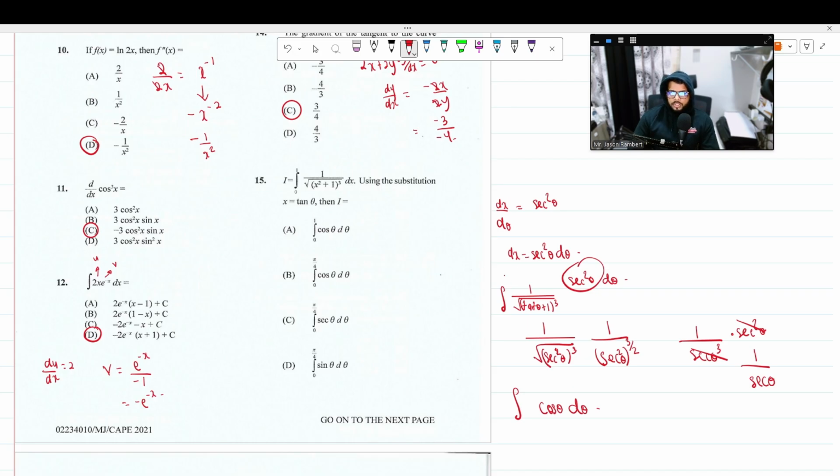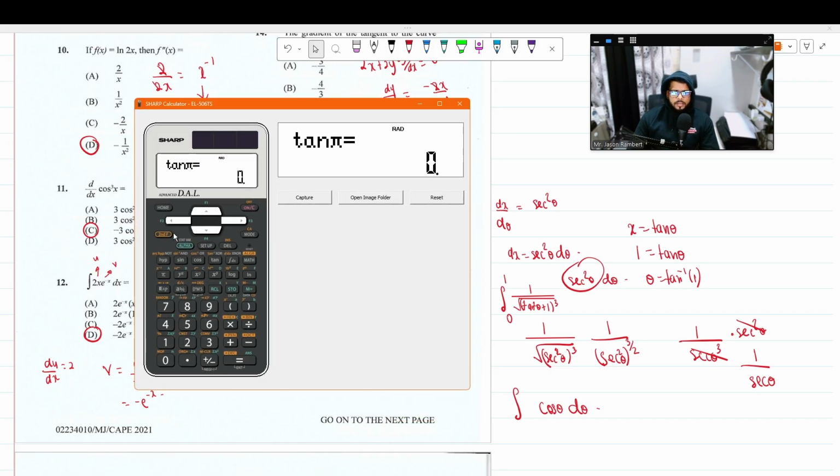The limits initially were 1 and 0. By using the substitution x is equal to tan theta, I will substitute the limits 1 and 0. When x is 1, theta is tan inverse of 1. Let's check what that is. I believe it's pi on 4. In my calculator in degrees, tan inverse of 1 is 45 degrees, which is pi on 4.